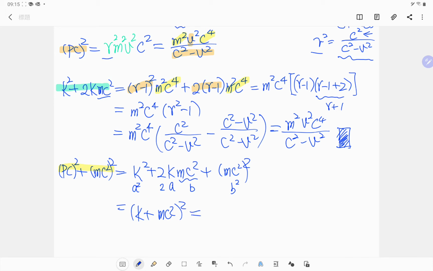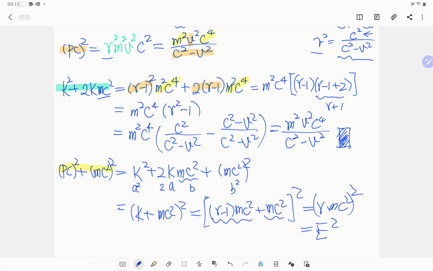So k is actually gamma minus 1 mc squared plus mc squared, all square. So this is gamma minus 1, this is 1, so gamma mc squared all square, so it is E square. So actually we prove that.